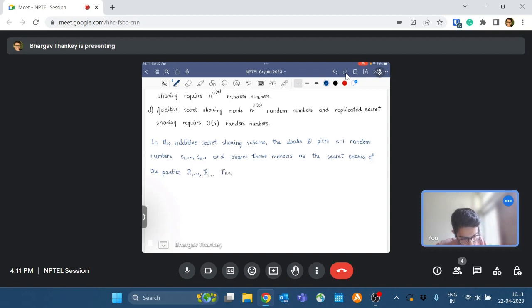Then it computes Sn, defined as, and shares Sn with Pn as its secret share.